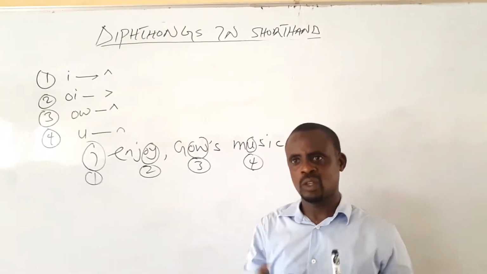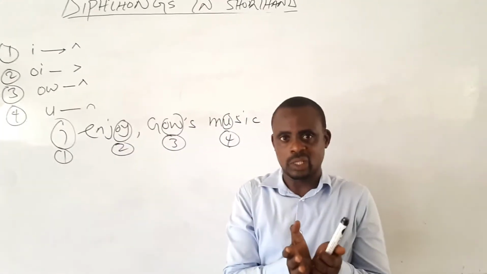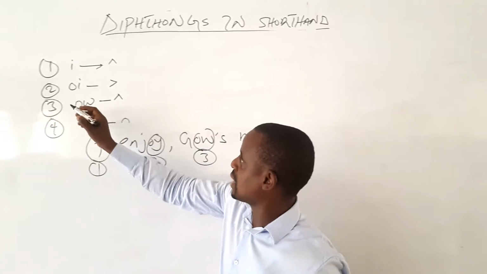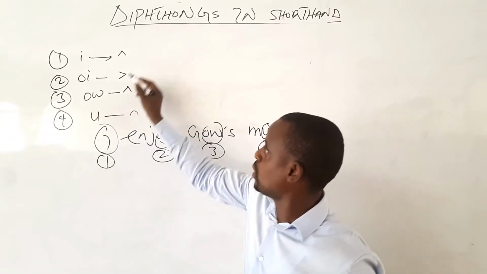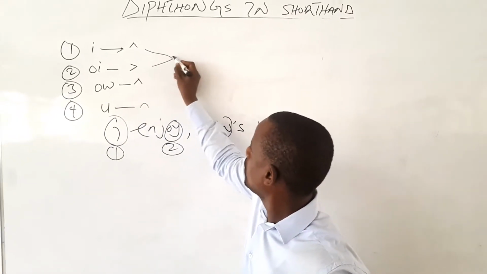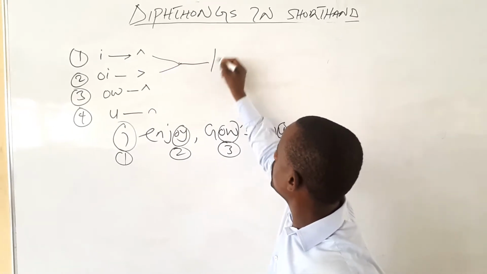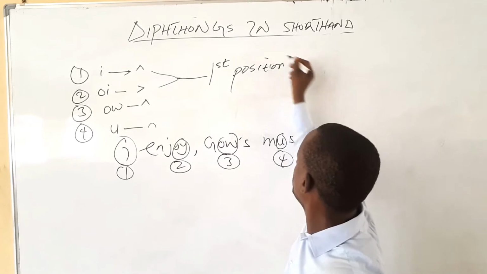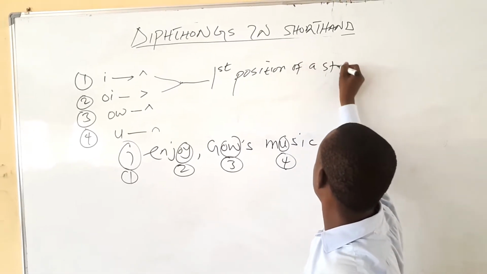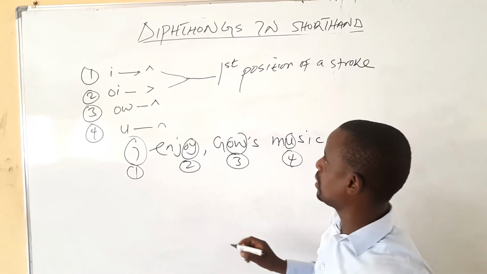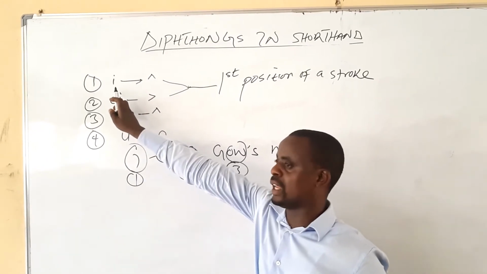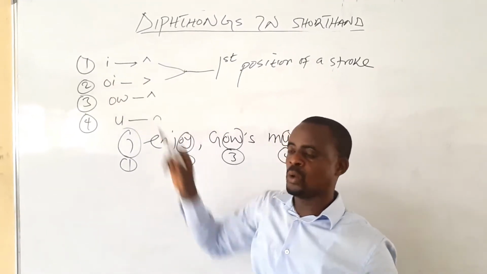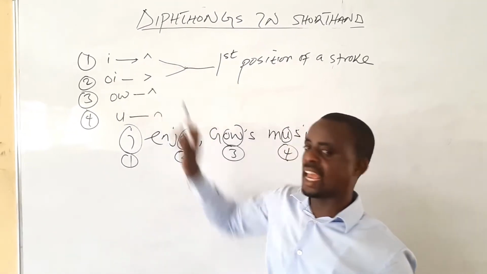If it is, we have some principles which say that these diphthongs have been divided into 2. The first 2 should be placed in first position of a stroke. When you have such a diphthong in a word, you are to place the diphthong sign in first position.